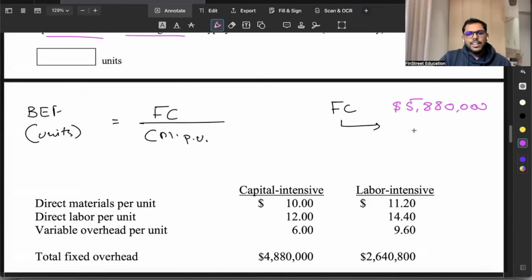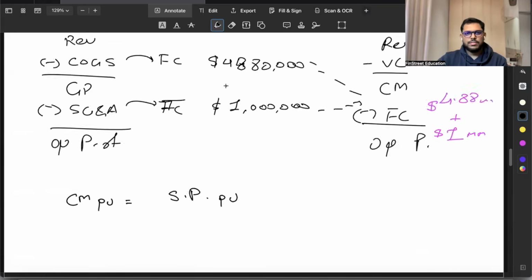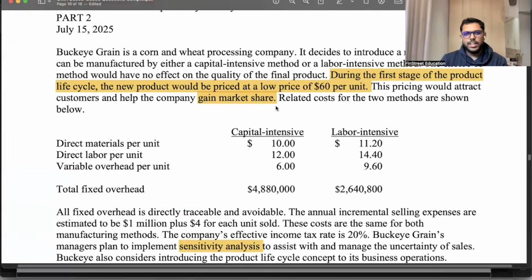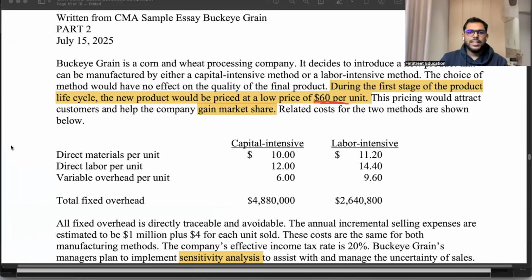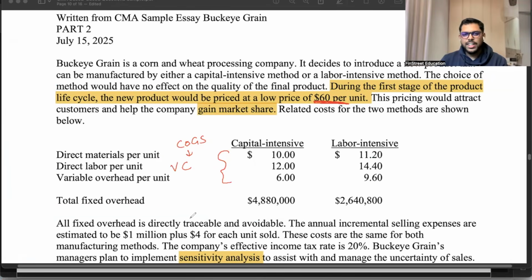Excellent. Next, now we have to find CMPU, contribution margin per unit. Here, do we know the selling price per unit? Look at the case. $60 per unit. Secondly, do we know what is our variable cost? Yes. 28. COGS's VC is given. Should we consider any other VC?